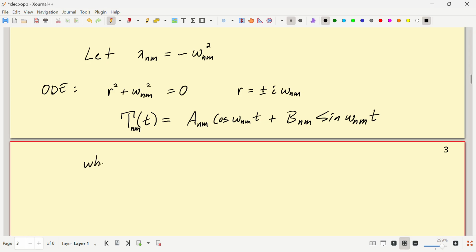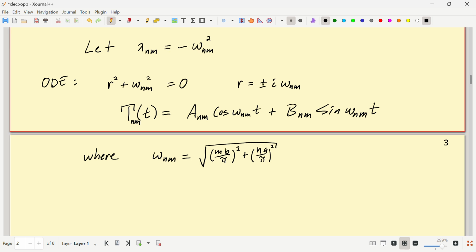Where omega nm is the square root of, let's see, I could take the pi out if I wanted to, n pi over a squared plus m pi over b squared.